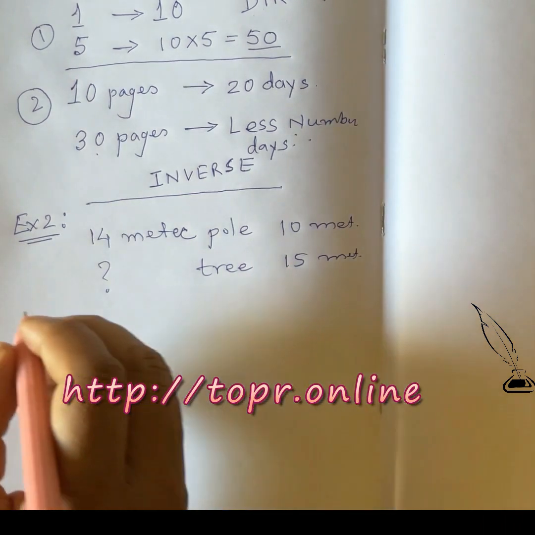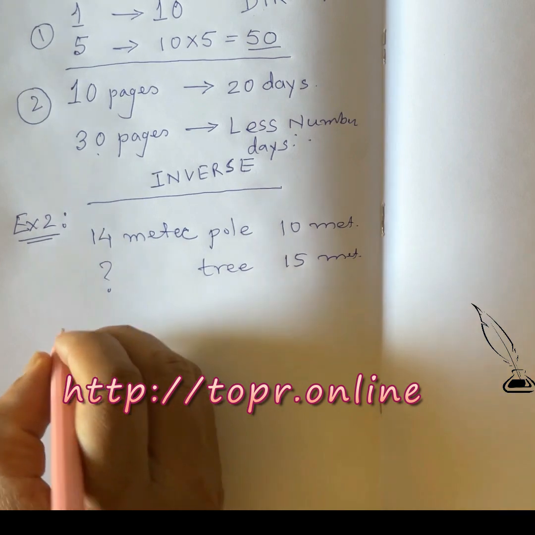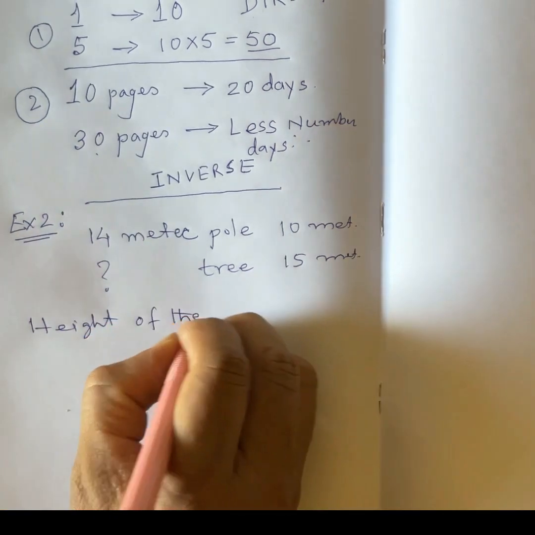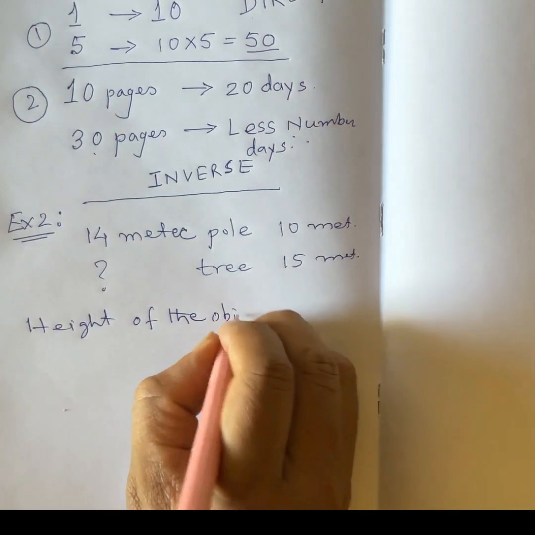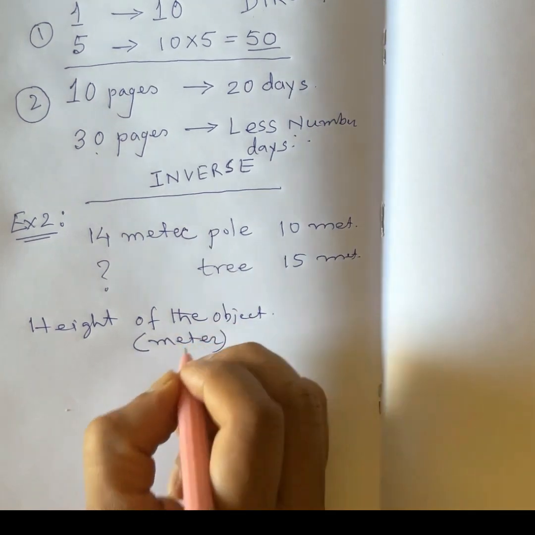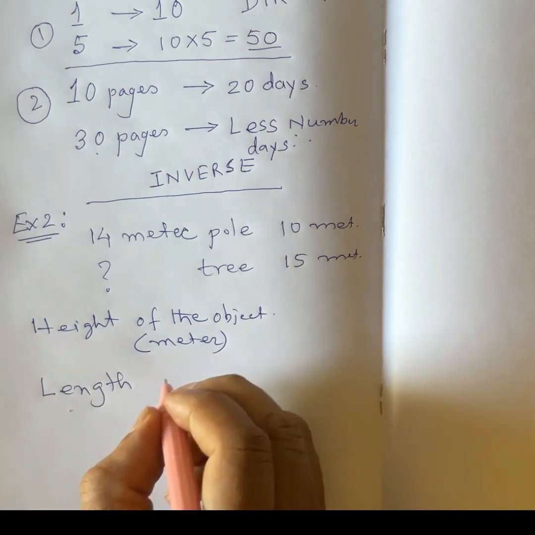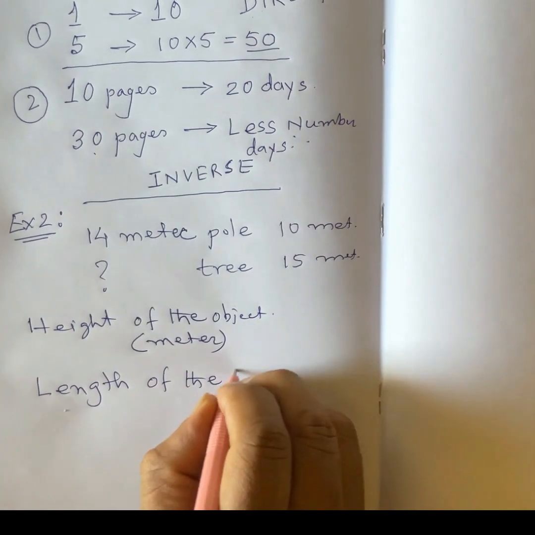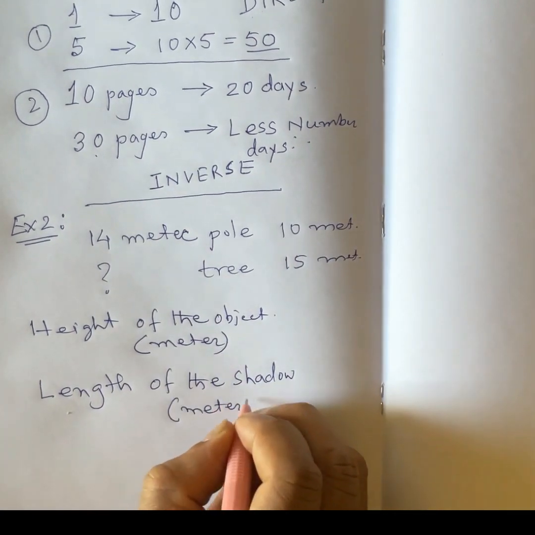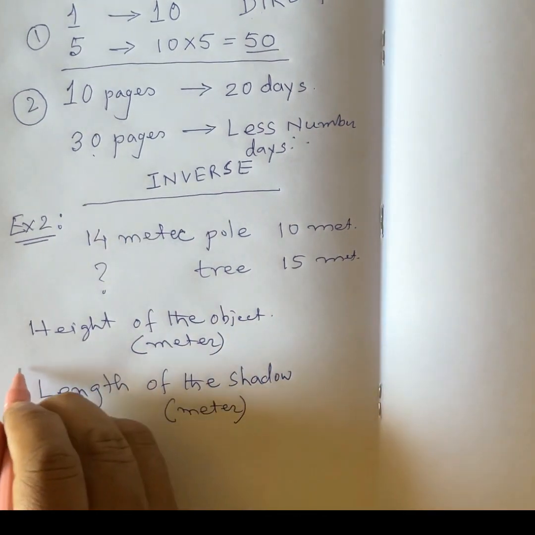So here you write the height of the object in meters and the length of the shadow in meters.